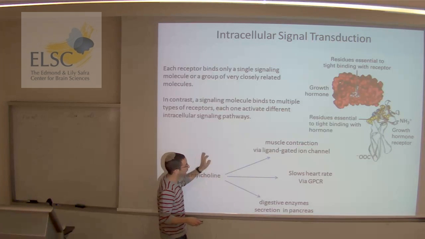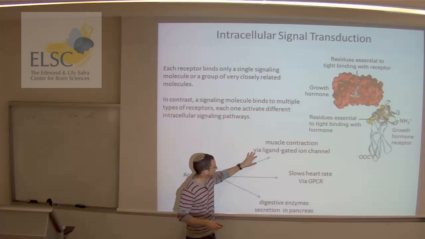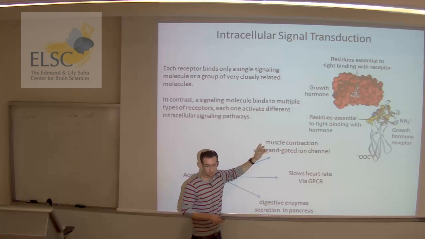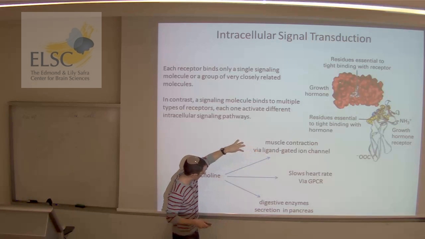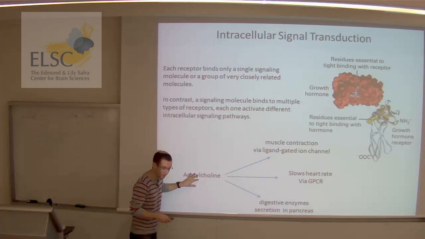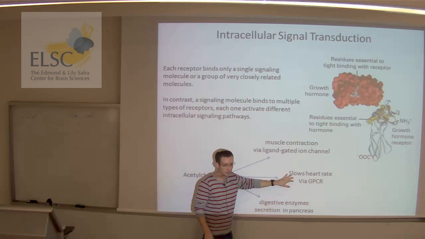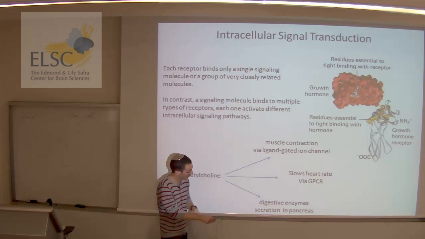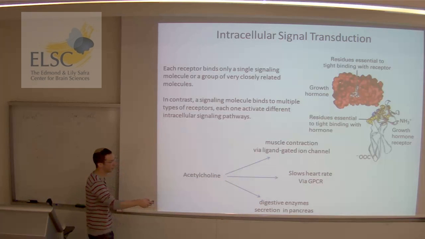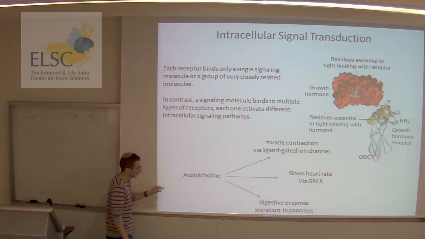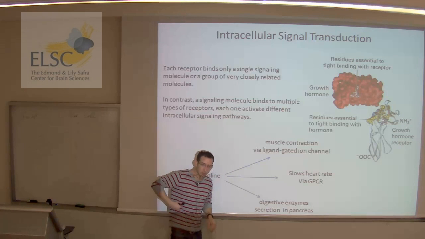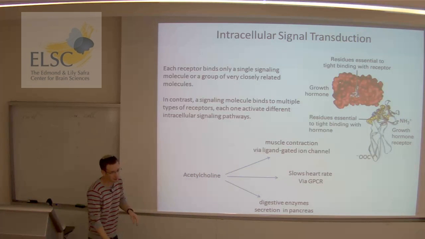So acetylcholine, if it is recognized by ligand-gated ion channels on muscle cells, will induce contraction of the muscle. The same signaling molecule, if it is recognized by heart cells, will cause, via a G protein coupled receptor, a slowing of the heart rate. And the same molecule, if it is recognized by pancreatic cells, will cause secretion of digestive enzymes.